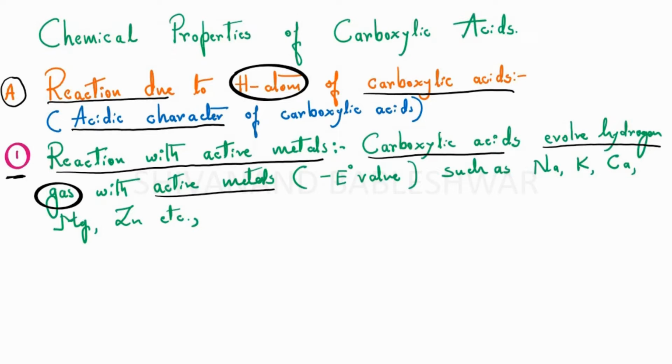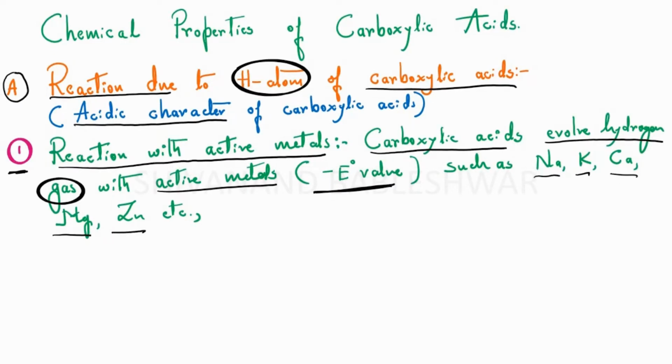Active metals are those which easily undergo oxidation, that is, loss of electrons. Their E0 values are always negative, and one has to remember that. Active metals with negative E0 value are sodium, potassium, calcium, magnesium, or zinc.